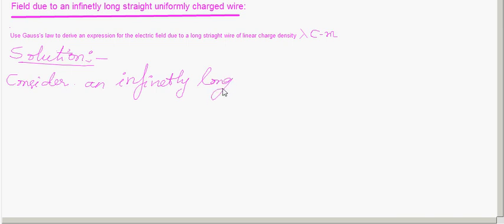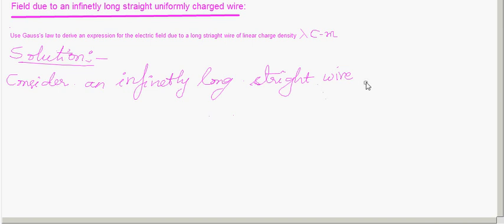A long straight wire carrying charge plus q on its length L. Consider an infinitely long straight wire.